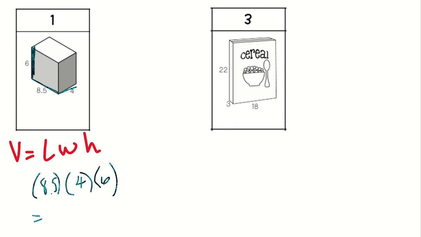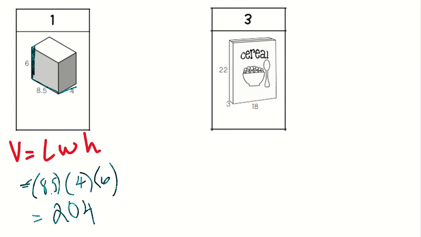And then you just multiply straight across, doesn't matter in which order. 8.5 times 4 times 6 is 204. There's no units for this one. Just remember your rules about decimal multiplication. I didn't actually show the step, so you would have to work it out by yourself.